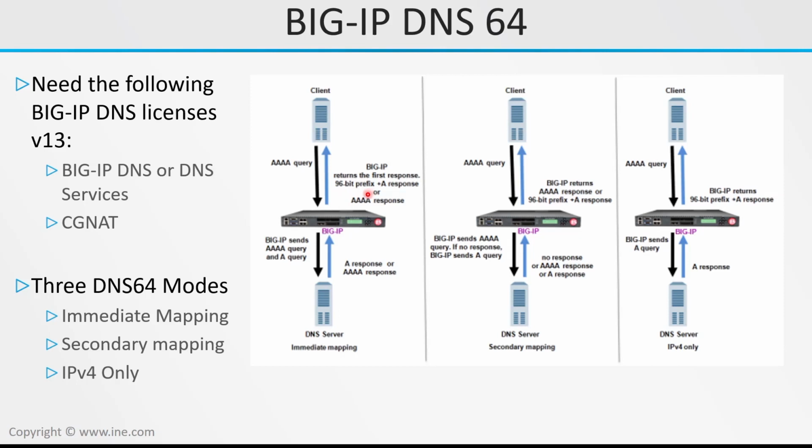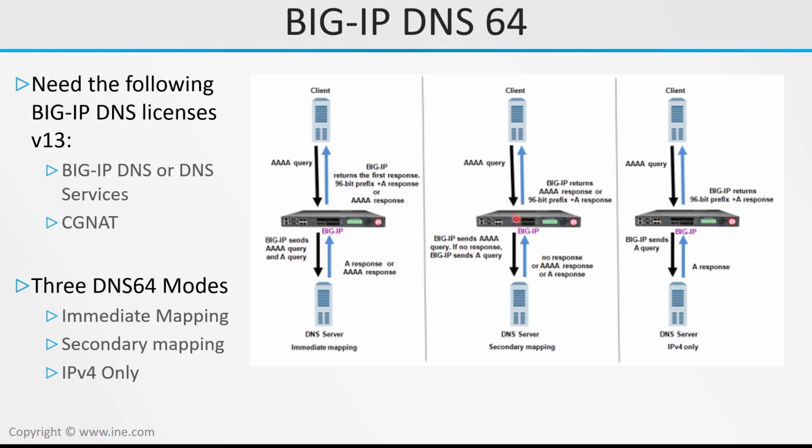Alright, so the second option is the secondary mapping, and the difference here is that the BIG-IP sends the IPv6 query. If no response, then it will send an A query. So notice it'll send the quad A query first, wait, and then send an A query. It really wants to check if there's a proper IPv6 address that it can send to the client.